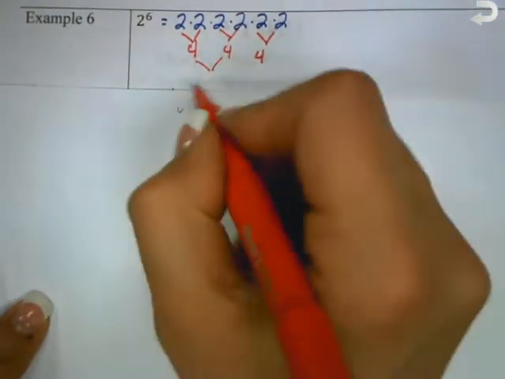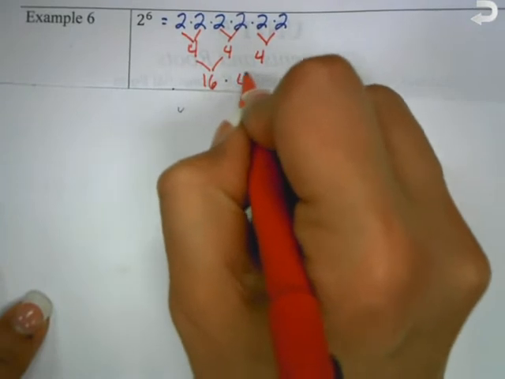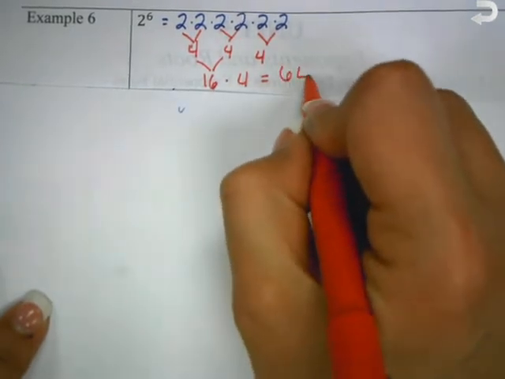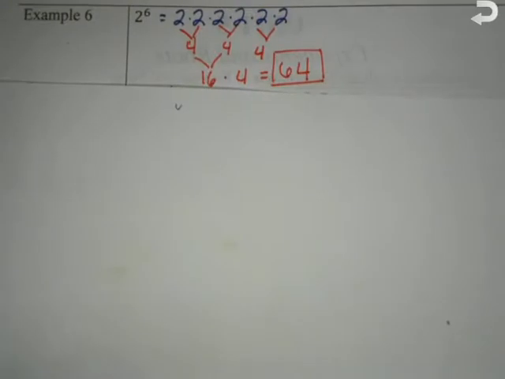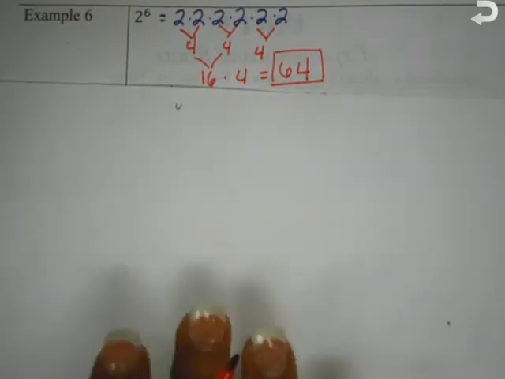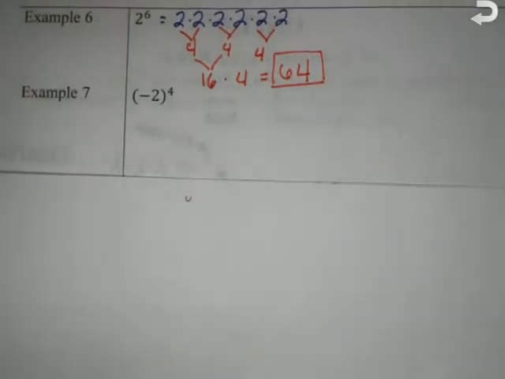Example 7. I need everyone's attention for example 7. This is a very commonly missed type of problem, even in Algebra 1 and Algebra 2. It's a very common one. Okay? -2, all of that to the 4th.